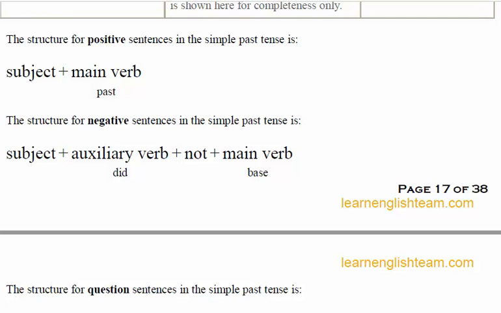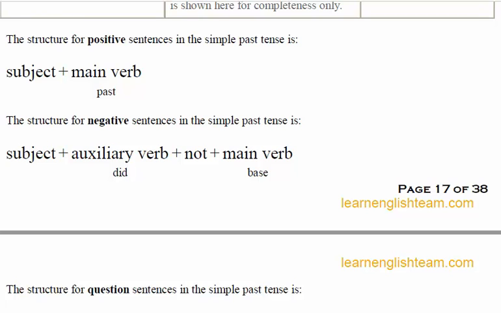So you can only add the base, or the first form of the verb, along with did. Student, you cannot add again the past or second form along with did. Did also completes the meaning of pastness.